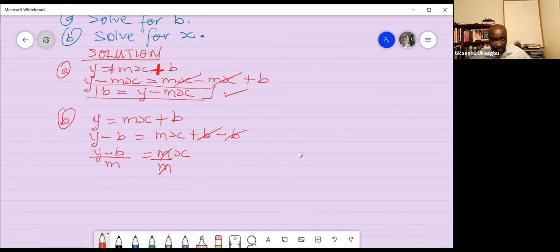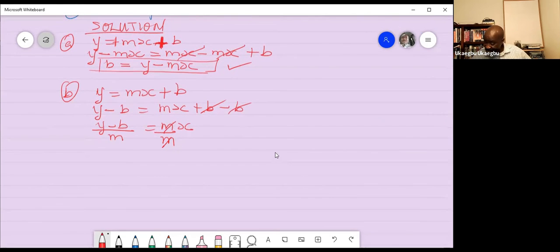Now, here's where the problem is. This is correct, by the way. Now, for the fact that you are typing this, for example, in an examination where you have this typing screen that you have right now, the right way to type it would be open a parenthesis, type y minus b, close your parenthesis, divide by m. This will give you x.